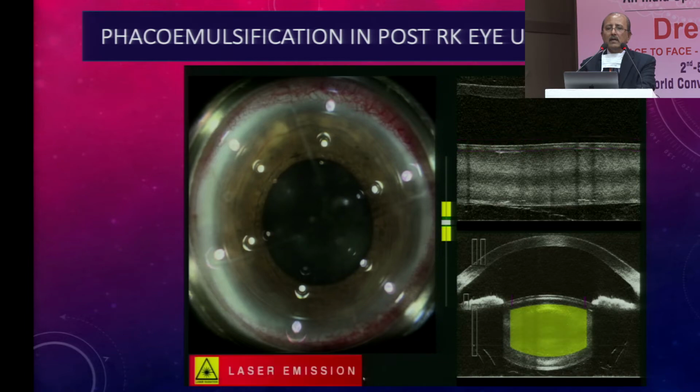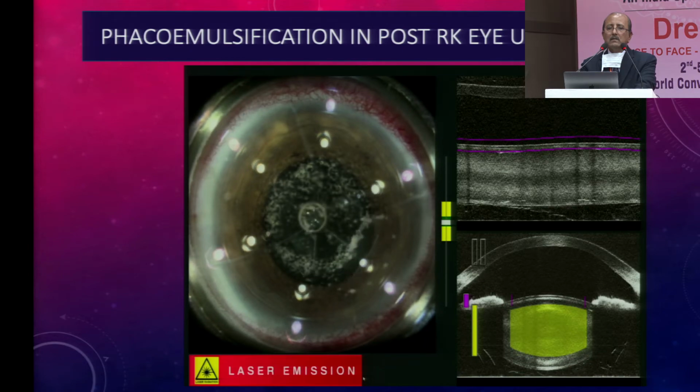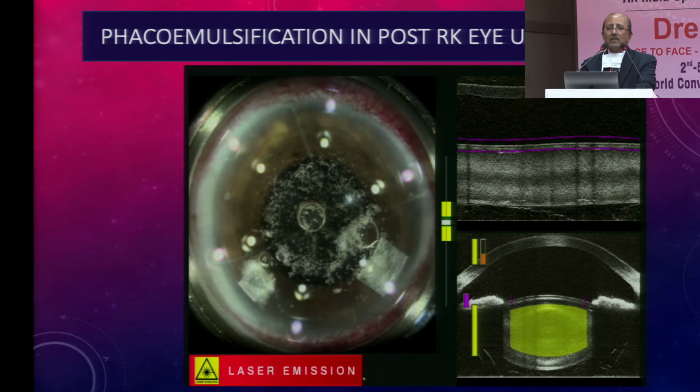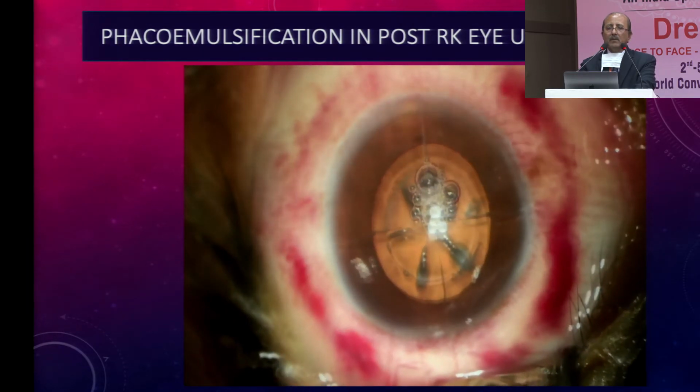So after making the side port incision, we have to do selection of the side port and the main incision, where you want to make the side port and where you want to make the main incision, because otherwise many times these incisions may open up. And then phacoemulsification.